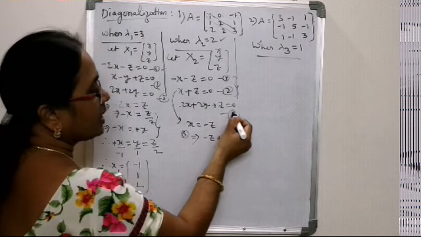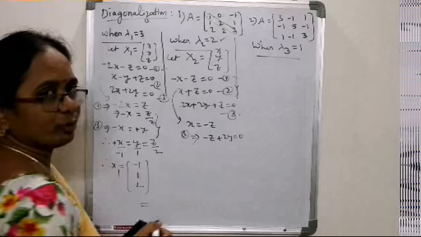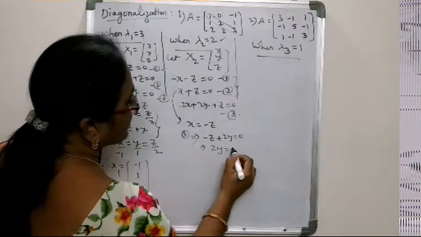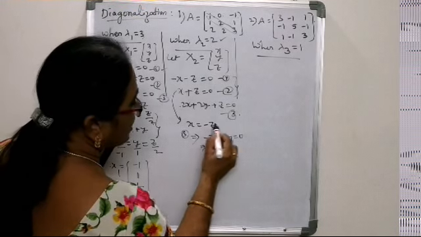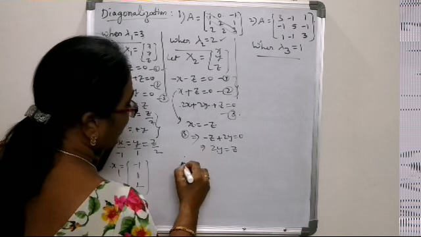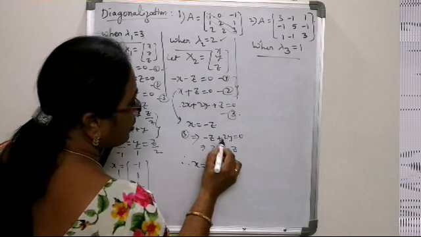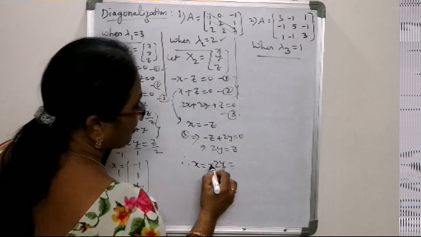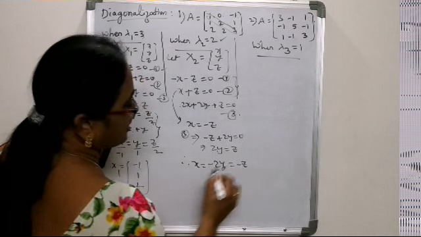This we get from the third equation using the result from 2. Now from minus z plus 2y equal to 0 we have 2y is equal to z. So already we have x equal to minus z and now z equal to 2y. Combining the two, we have x is equal to minus z, z is 2y, and this is minus 2y.